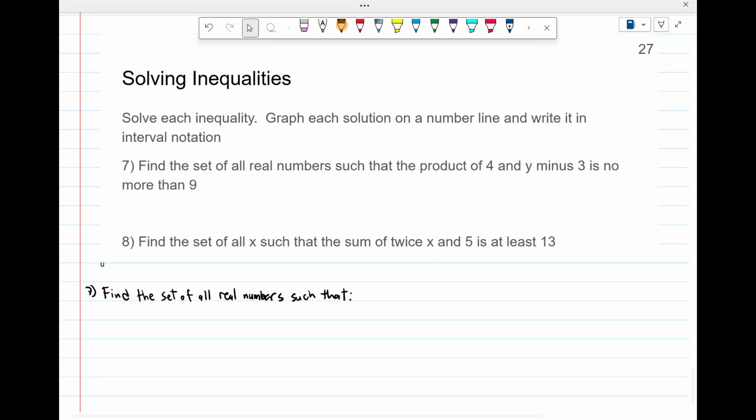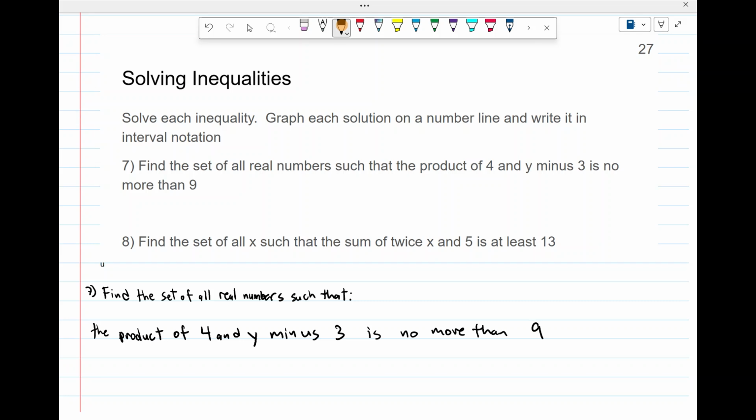So I'm going to do a new line starting with the product. So the product of 4 and y minus 3 is no more than 9.